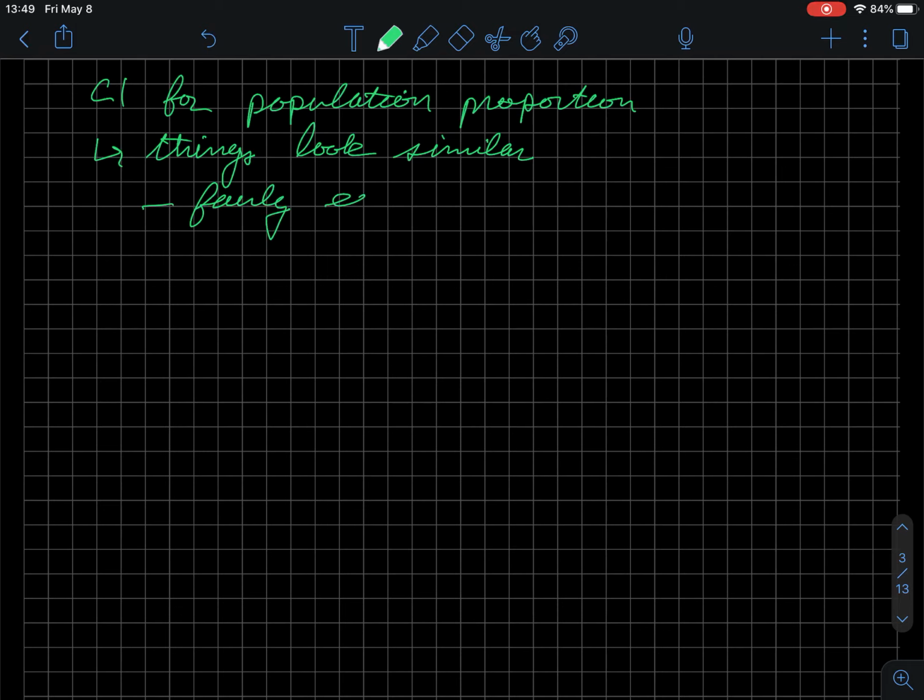So we've introduced this idea that we're interested in intervals, and we want to symbolize it. We always have these estimates that we symbolize as p hat. This is an estimate of the proportion we're trying to estimate.